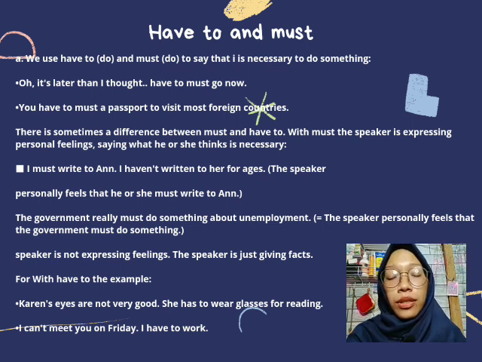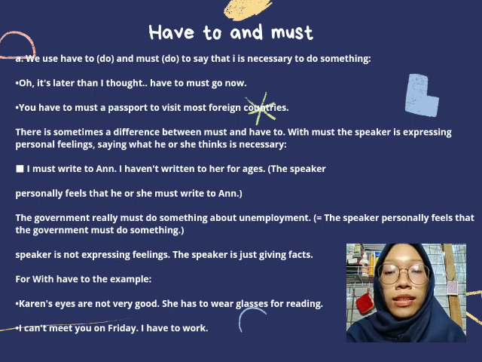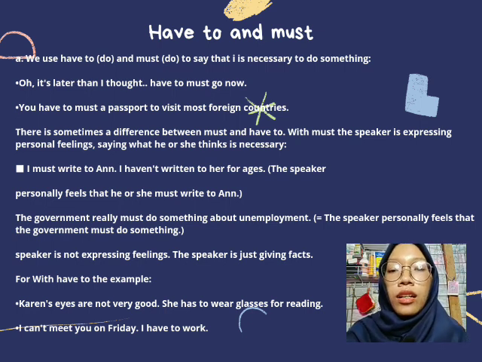Sometimes there is a difference between must and have to. With must, the speaker is expressing personal feelings, saying what he or she thinks is necessary.